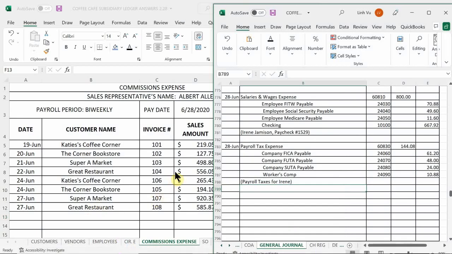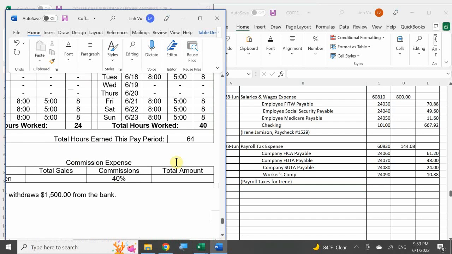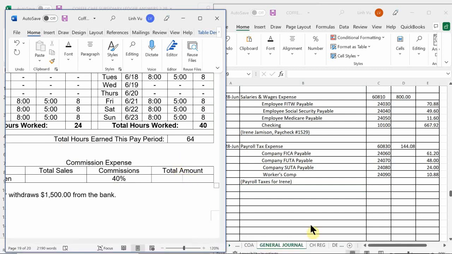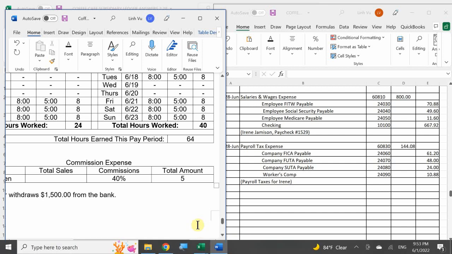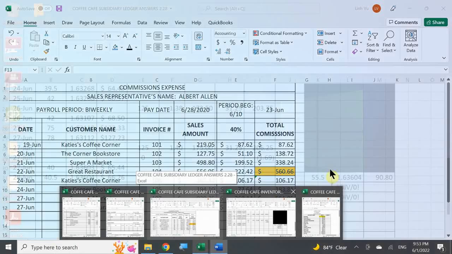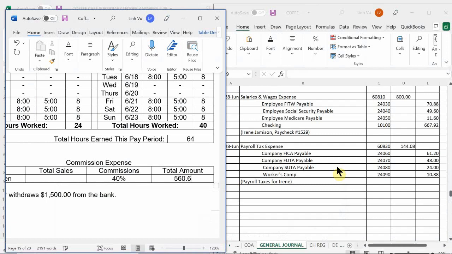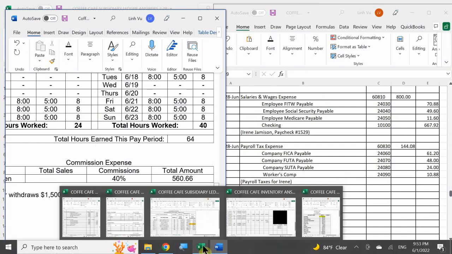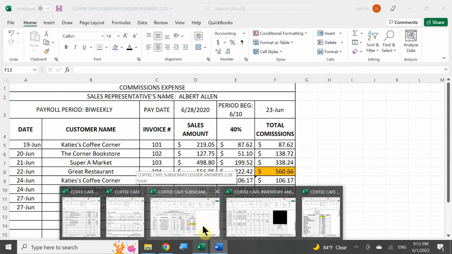Okay. So in this case, right, he's earned a total of $560.66.